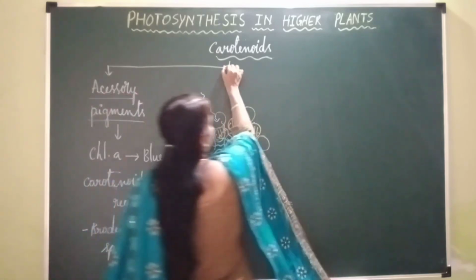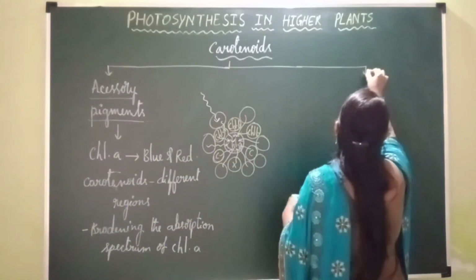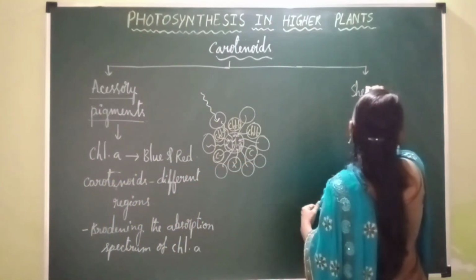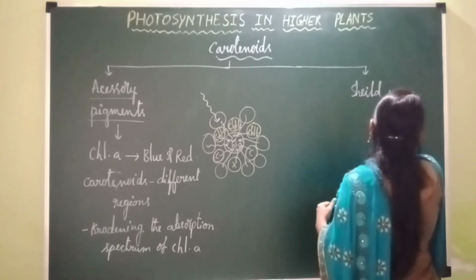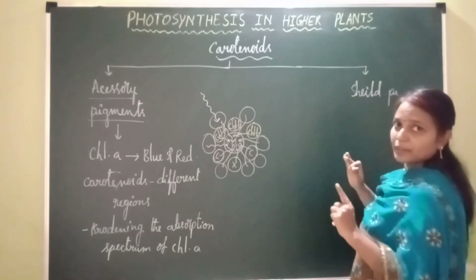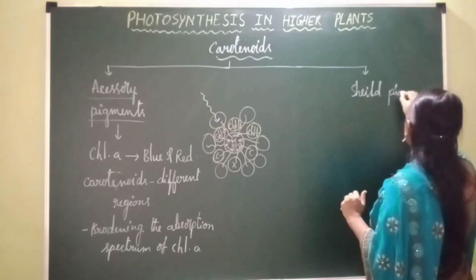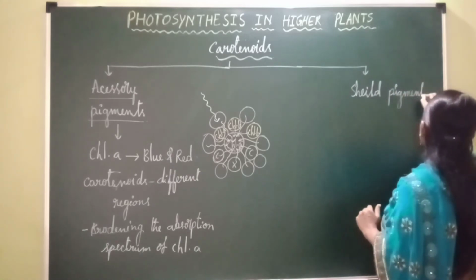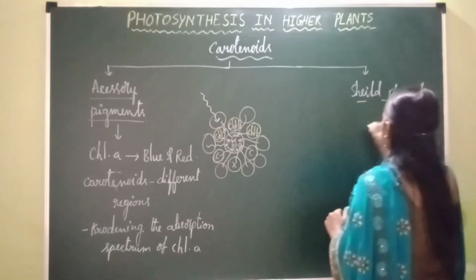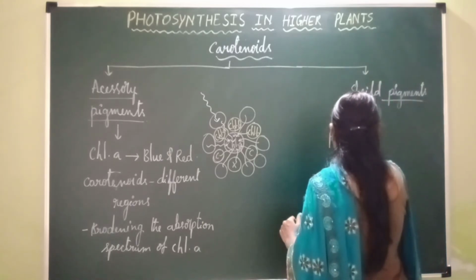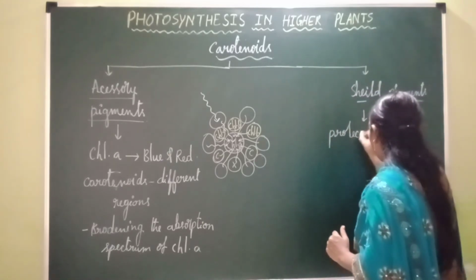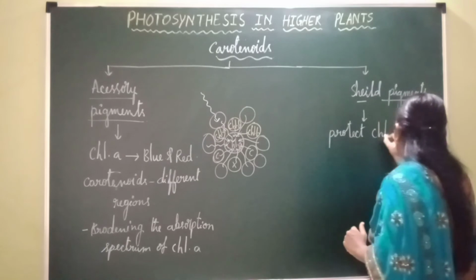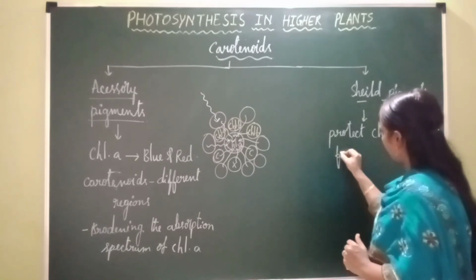Next, carotenoids also function as shield pigments. Shielding is nothing but protecting. They protect chlorophyll A from photooxidation.